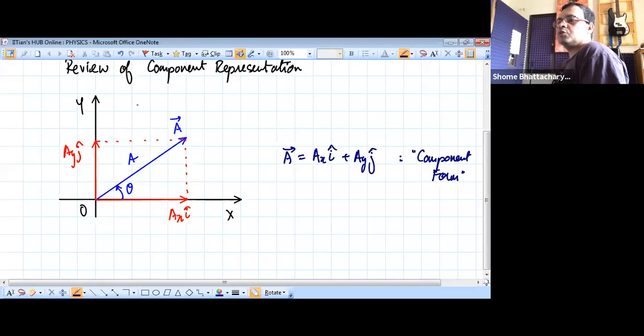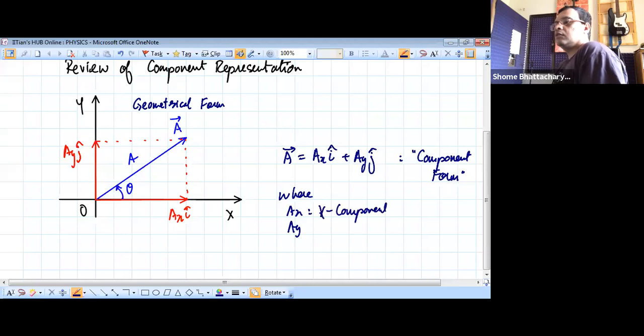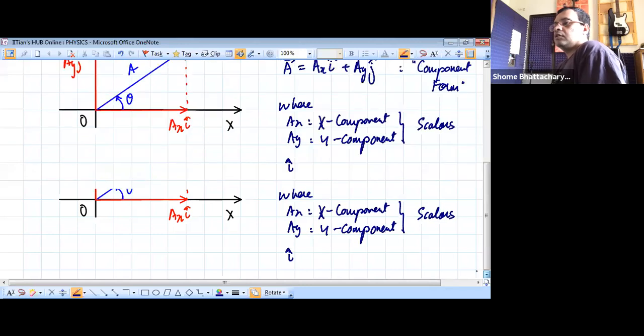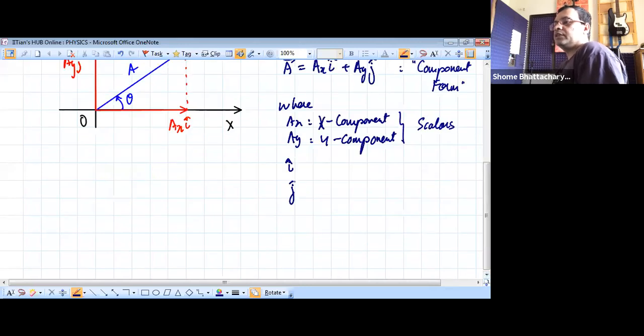And here the vector is in geometrical form, because we have drawn the vector. In component form, you understand that Ax and Ay are the x component and the y component respectively. And they are basically, this Ax and Ay are scalars, whereas i cap and j cap are the special vectors which are called the unit vectors.